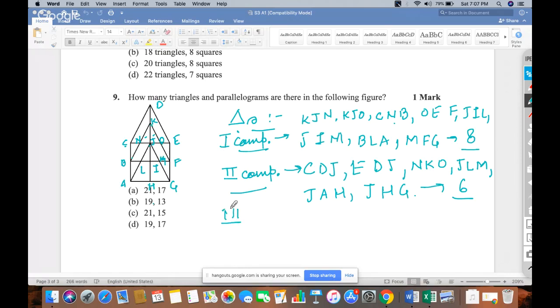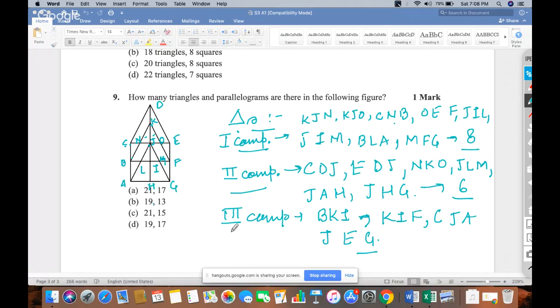So with 3 components I have BKI, then KIF. From this side I can have triangles such as CJA, and on the other side I have JEG. So that is 4 of them.